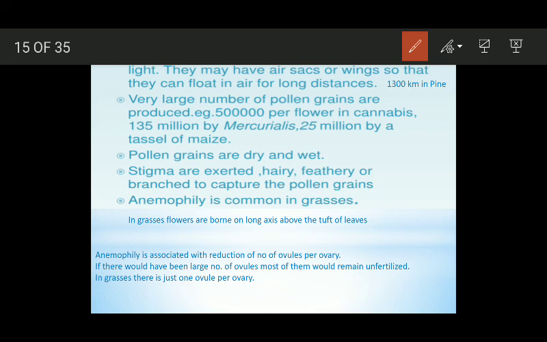The stigmas are exserted. They are hairy and feathery, or branched, to capture the pollen grains.